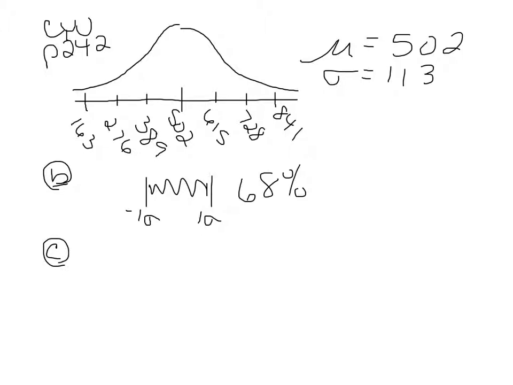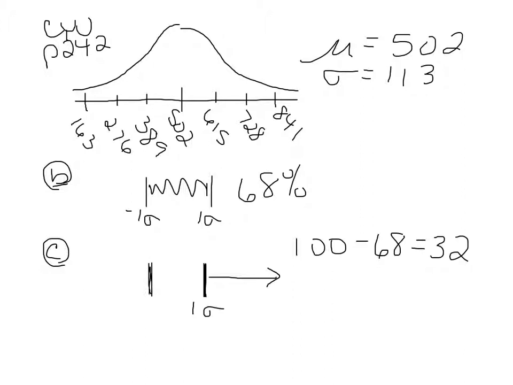C, what is the percentage over 615? So that is 1 standard deviation above and above that. You take your 100, the 68, 95, 99.7 rule says 1 standard deviation is 68. That gives me 32 that's left. So what I did there was I took away this middle section, the one written in red.